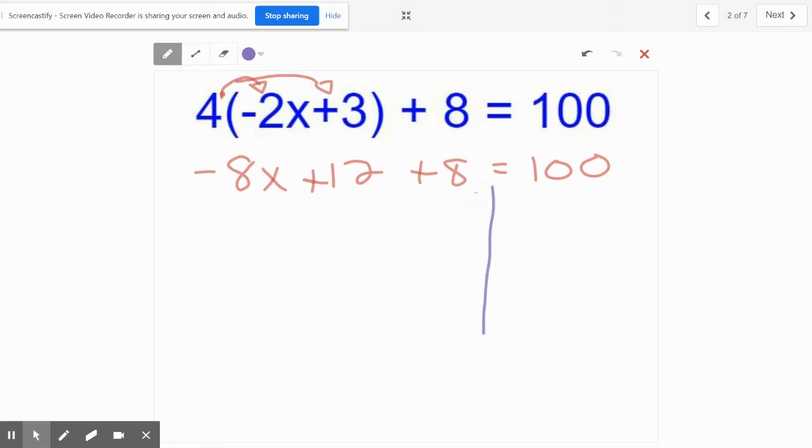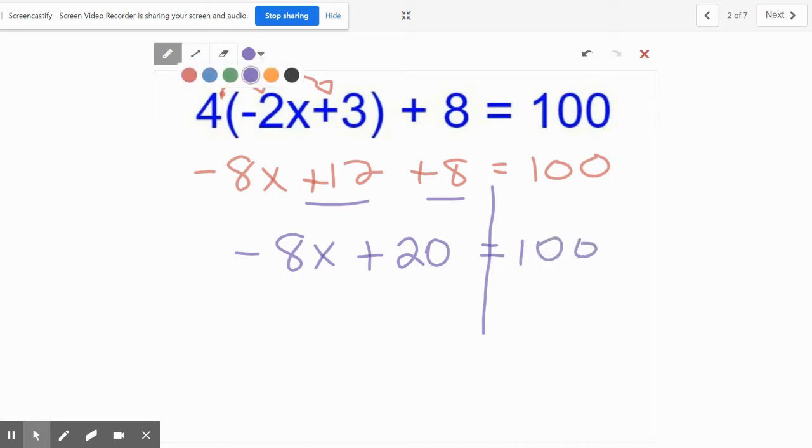we're going to combine like terms. You see those two terms? These two terms right here, 12 and 8, can be combined. So negative 8x just comes down. 12 and 8 makes 20. We combine like terms. Equals 100. All right? From there, I'm going to subtract 20.